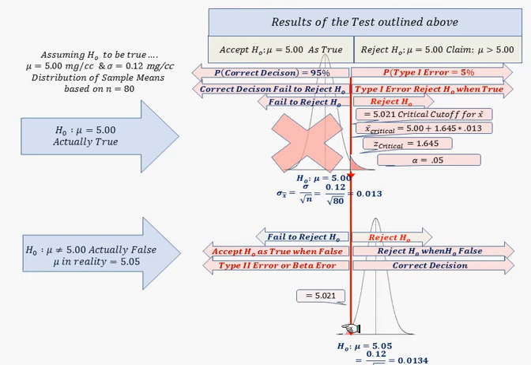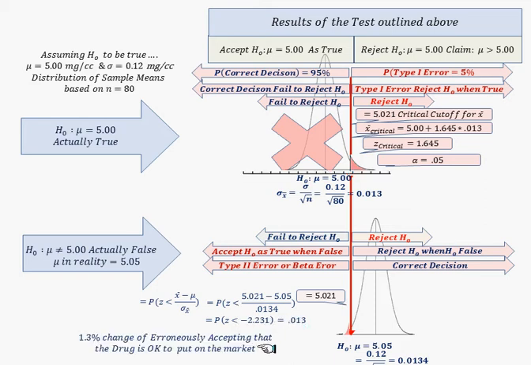We need to find that area of this tail here, the critical X bar value of 5.021. We're computing that value now. The probability of getting a Z to the left of 5.021 is 1.3%. And this suggests that because we bring the sample size up to 80, we reduce our beta error quite dramatically.